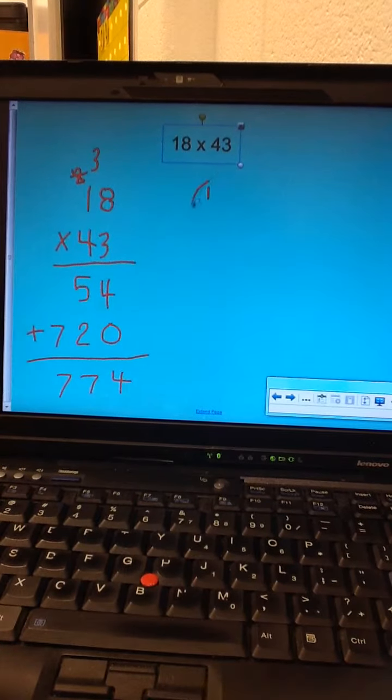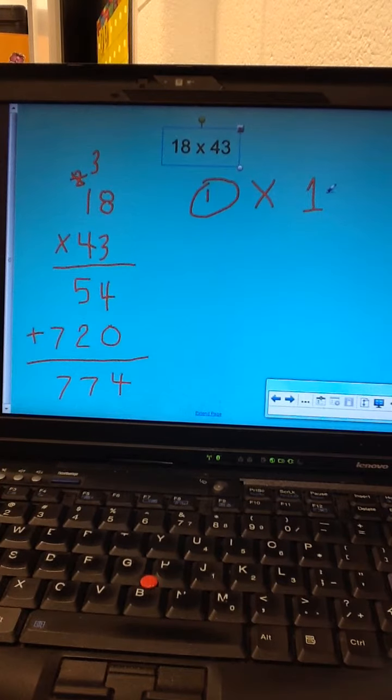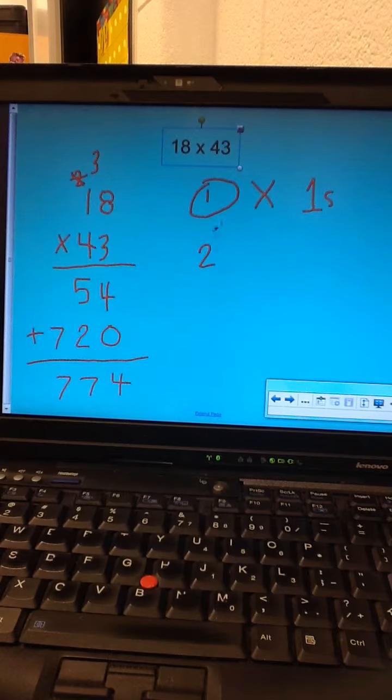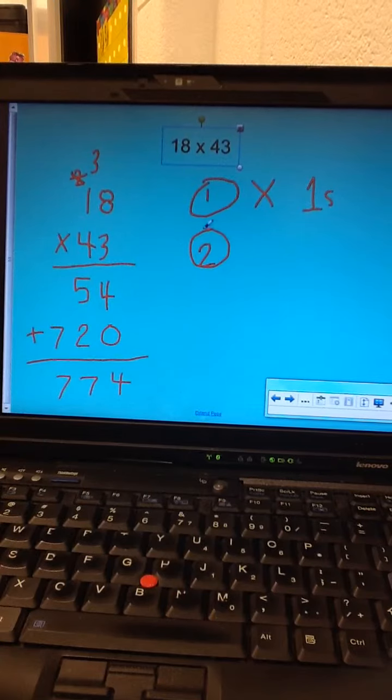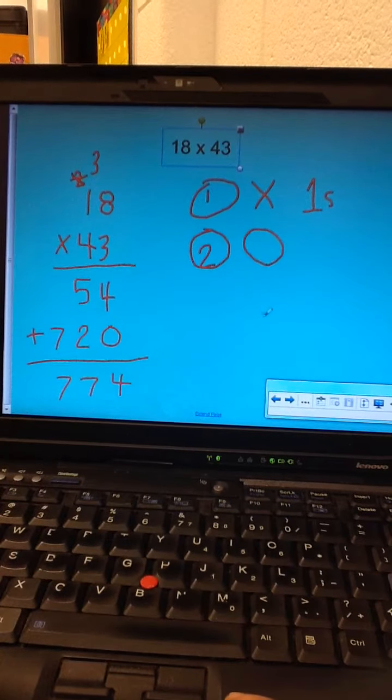So I'm going to put that, step 1. Multiply the ones place. And we know how to do that because we've been practicing that a lot. Then our second step is that very important step of bringing down the 0 to hold the place value.